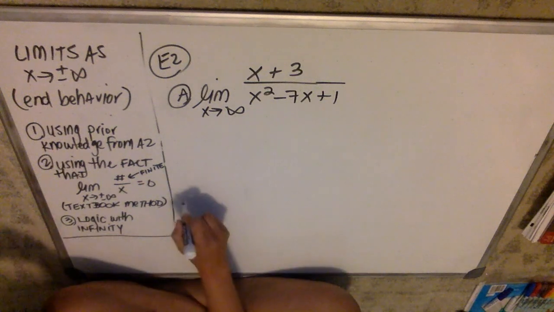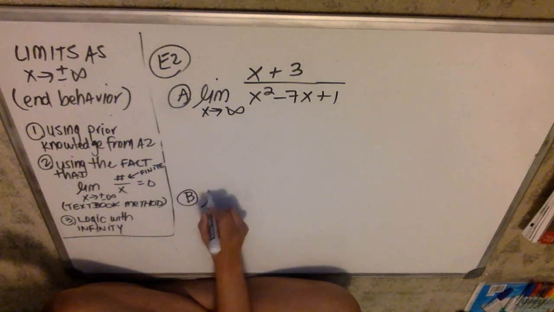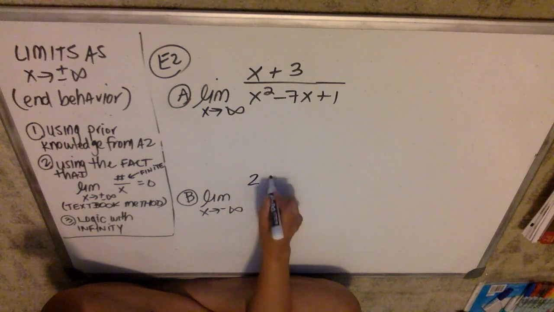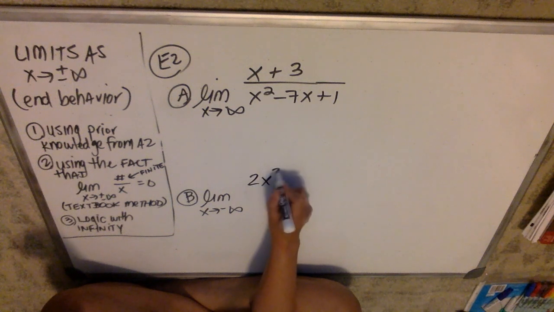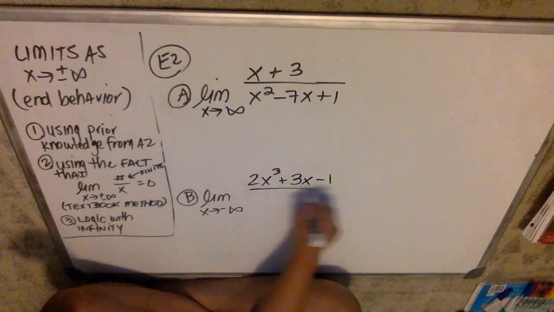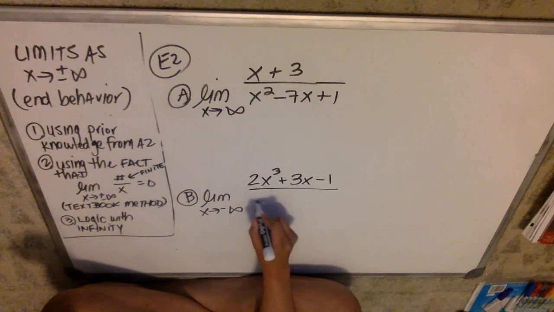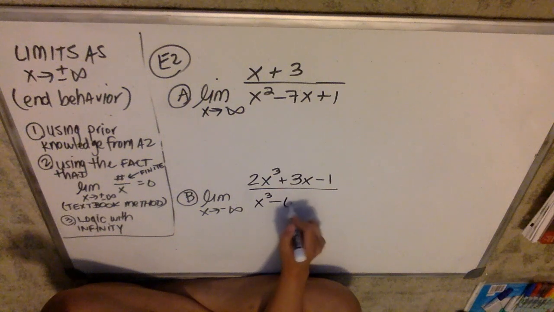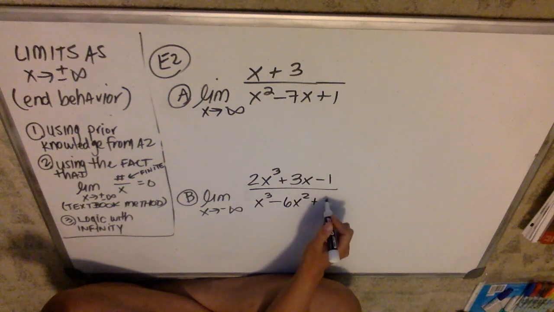Oh, I'll give you a b, hang on. Let's do the limit as x approaches negative infinity of 2x cubed plus 3x minus 1 over, let's do x cubed minus 6x squared plus 3.